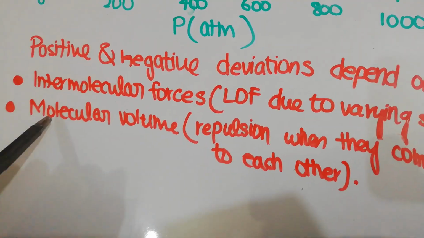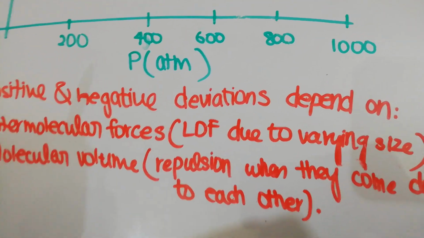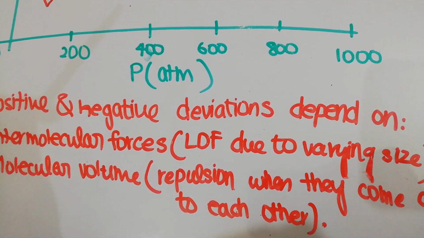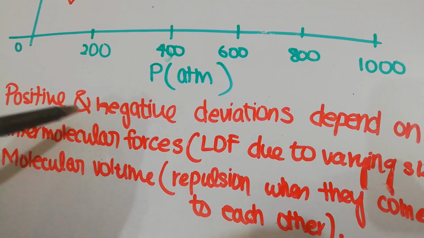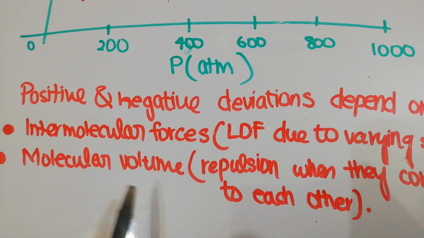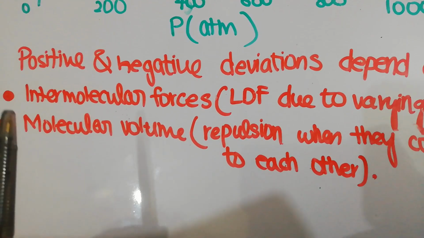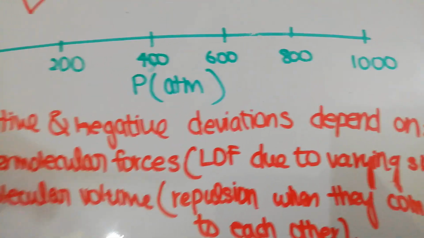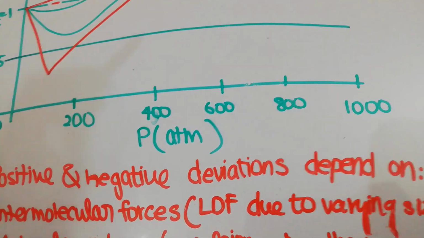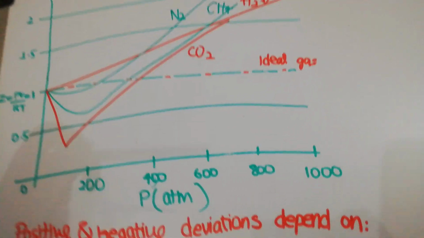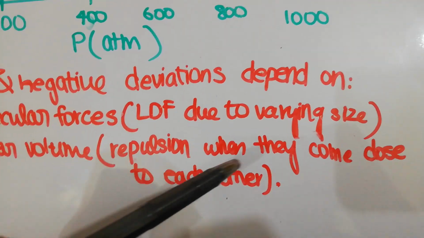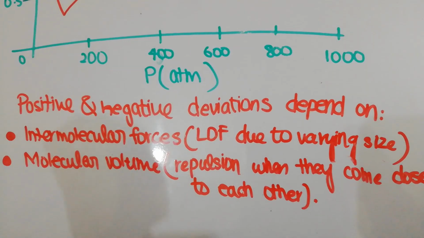And the second one is molecular volume. How much molecular volume is there? Molecular volume is also a factor which basically determines whether the deviation is going to be positive or negative.